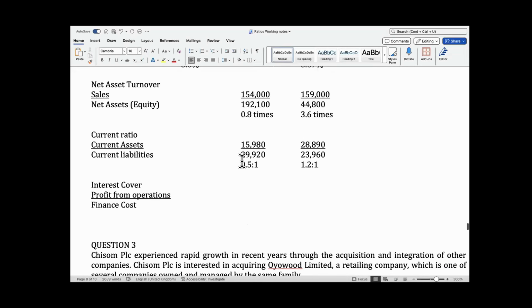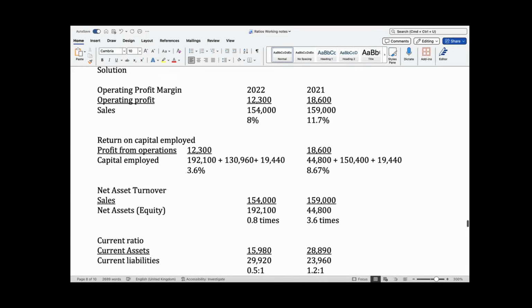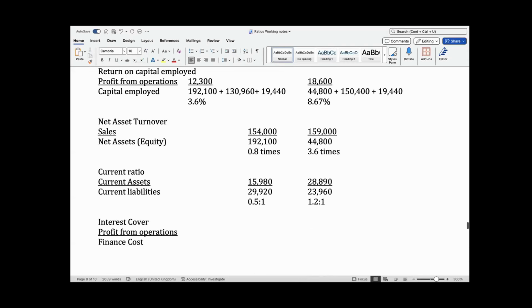PBIT over interest payable, it's the same thing as finance cost. Yeah, you need to know all of these things so that simple things will not throw you off balance in the exam.